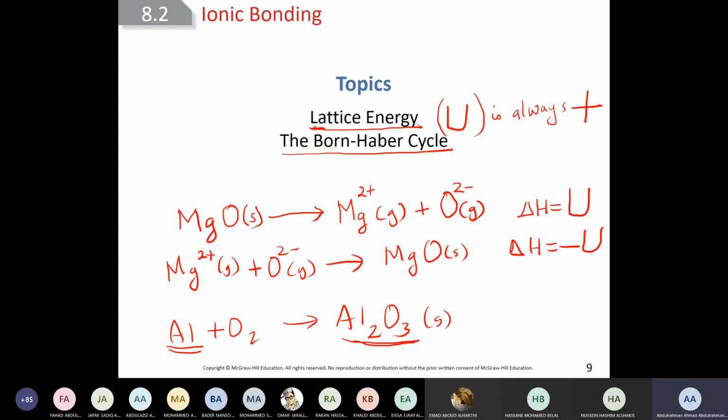But for iron, Fe plus O2 will give you Fe2O3. It is a solid also, but actually a very brittle solid.